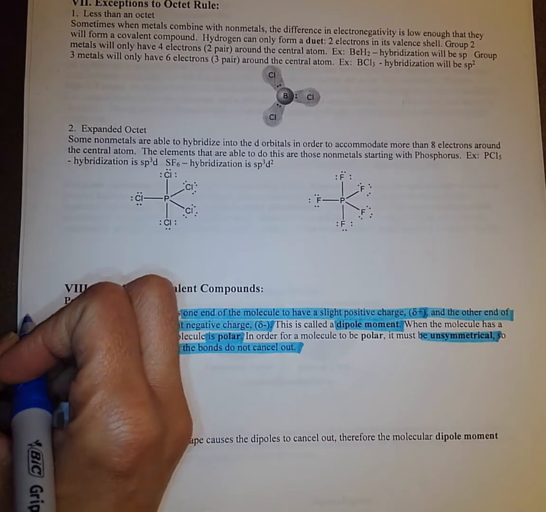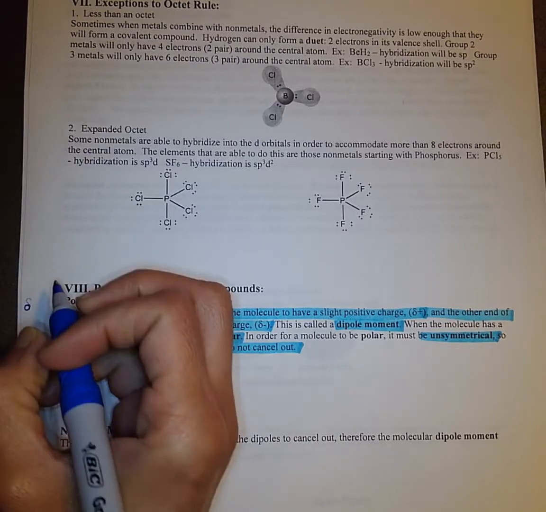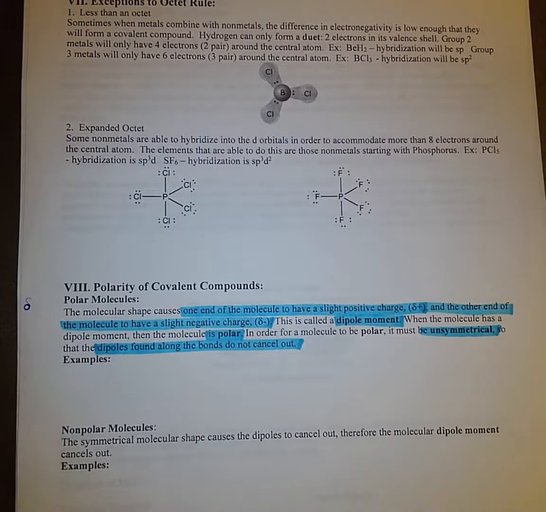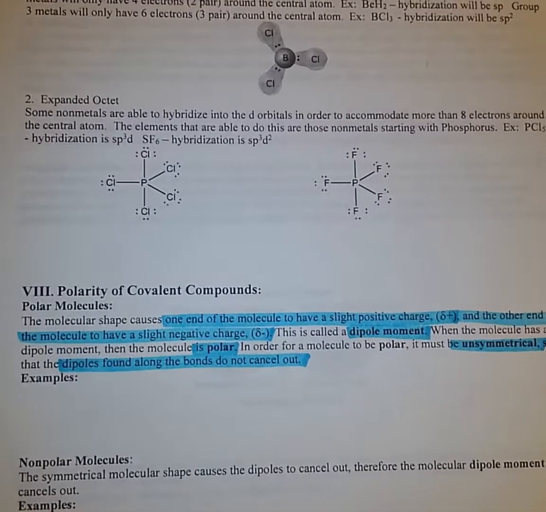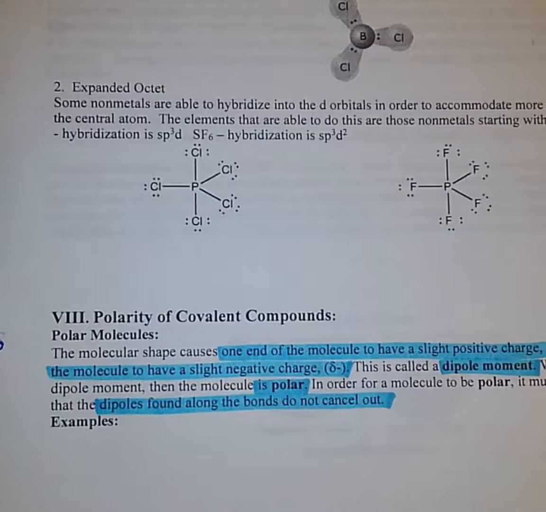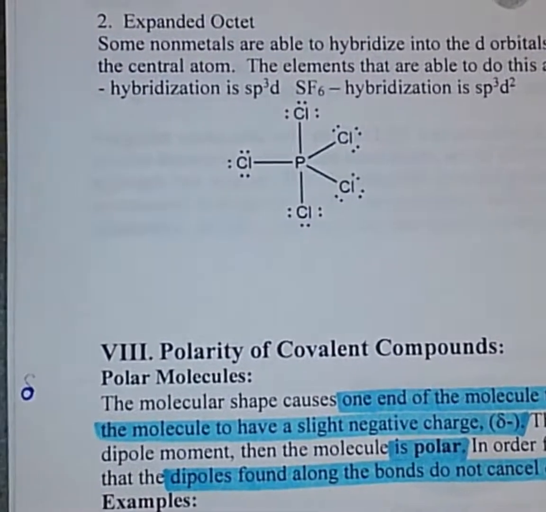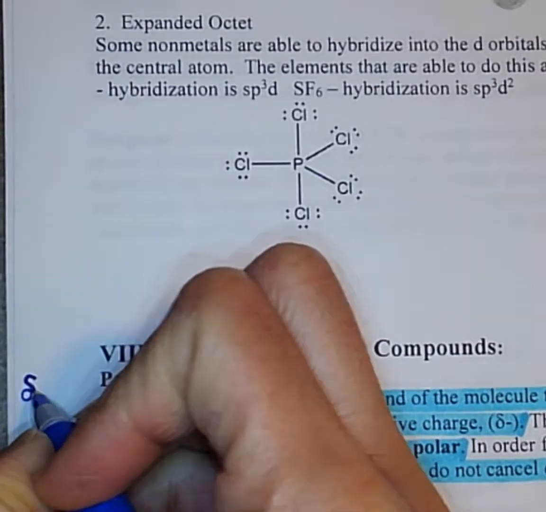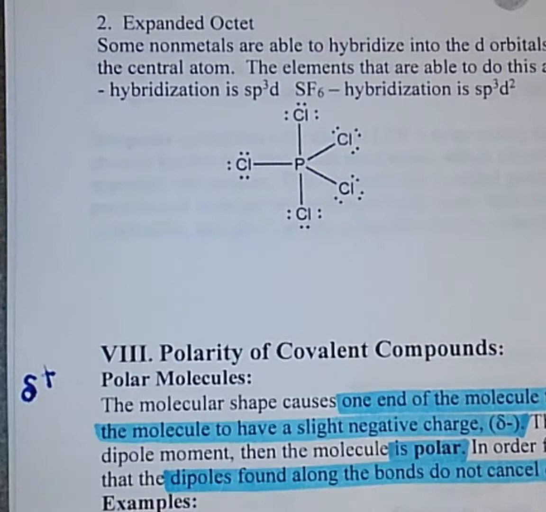The way that we say that something is partially positive is we make this symbol right here, this cursive looking sort of an S with a little squiggly line around it. So I'm going to move it up close. Okay, so right here. And we say that this is partly positive.